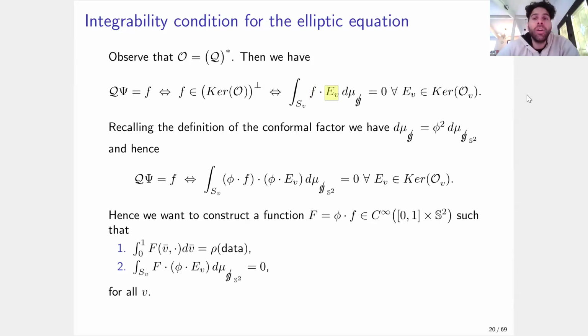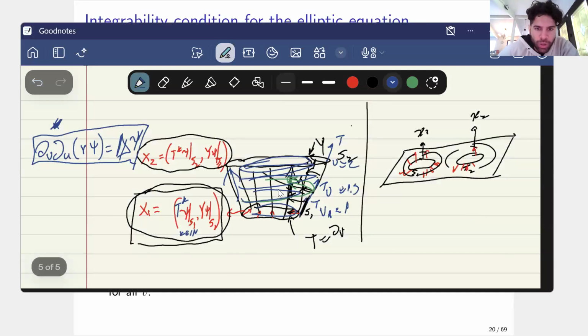The fact that on each of our sections, this is a relation for each of the sections. On each of the sections here, 1, 2, 3, 4, 5, we have to solve an elliptic equation. On each of these sections, we have the metric, we have the conformal representative of the metric, and we have the round unit metric.